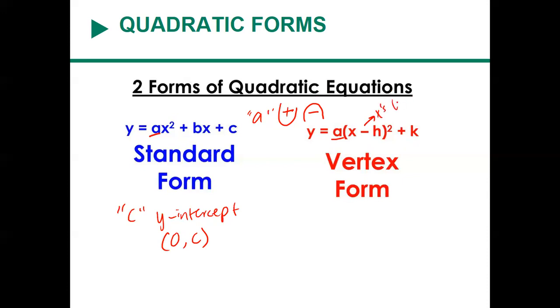Even though it looks like it's a negative h, it is actually a positive. So h and k represent your vertex, hence why it's called vertex form. All right, questions so far about either form?